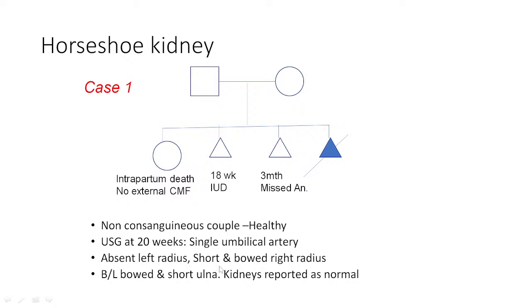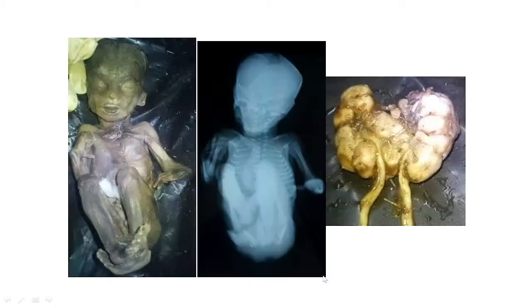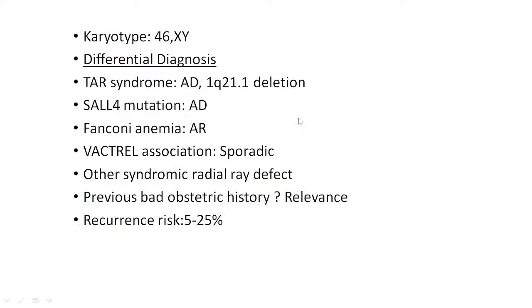Absent left radius, short bowed right radius, bilateral bowing, short ulna, kidney reported as normal. So, these are the bowing. This is a fetal X-ray, and what we are able to see here is a kidney. The karyotype is normal.